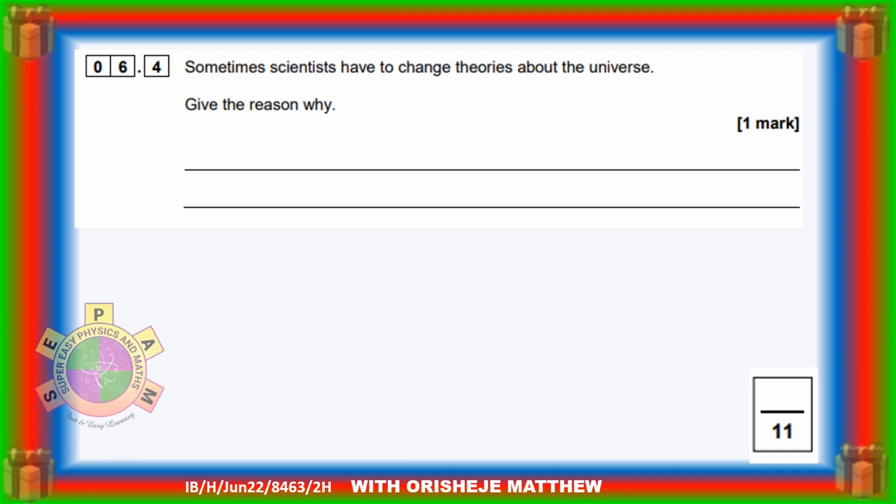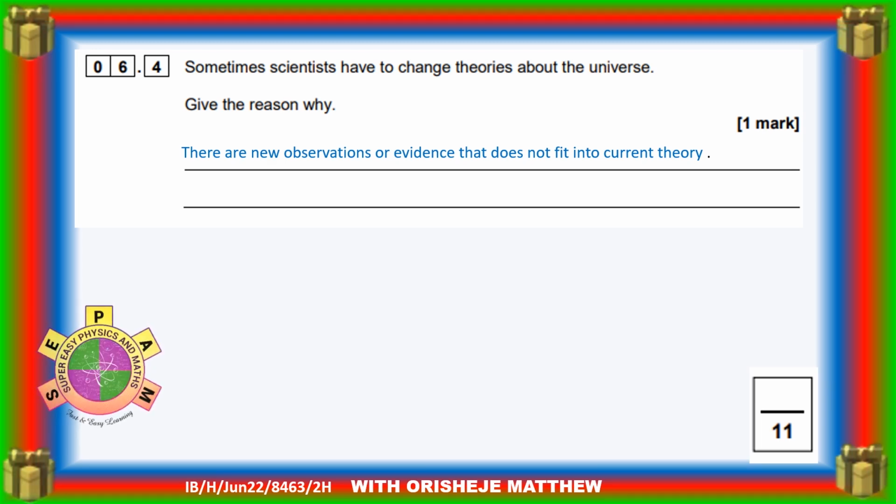The most important thing we need to know is that there is observation or evidence that does not fit the current theory. So if there is an aberration, or an observation, or a difference noticed in the pattern of the phenomena that the theory is trying to explain, then there is room for modification to be carried out on the theory.